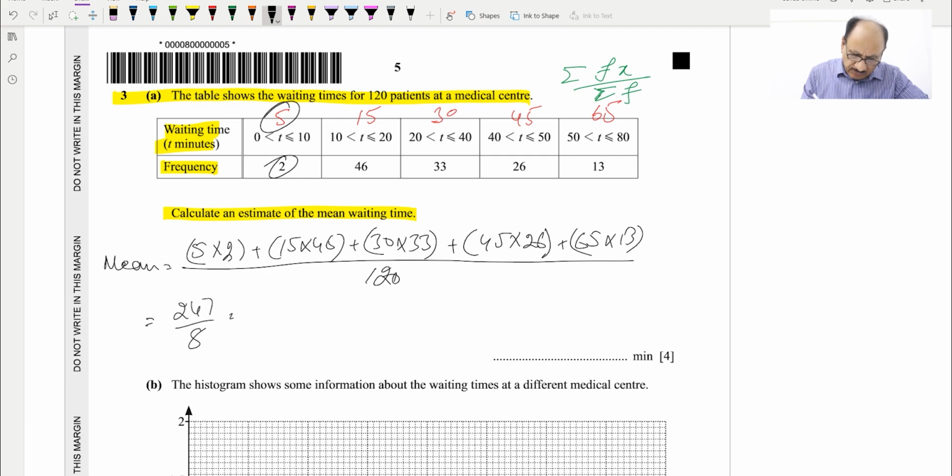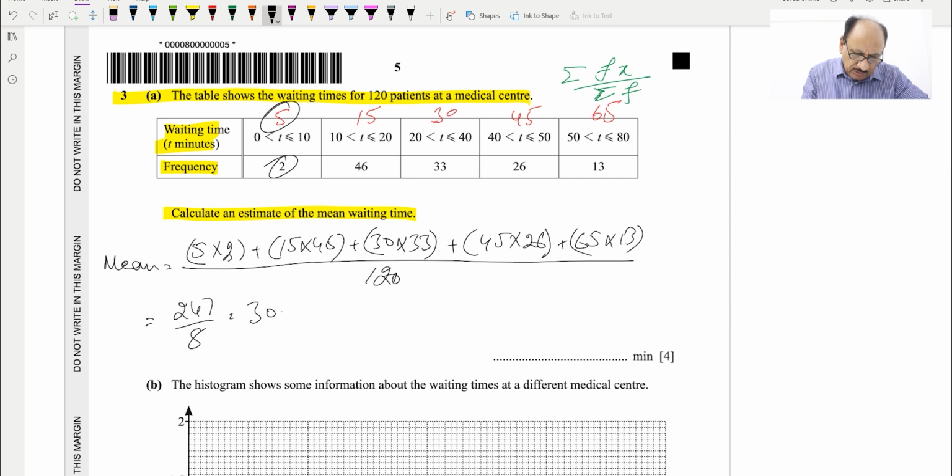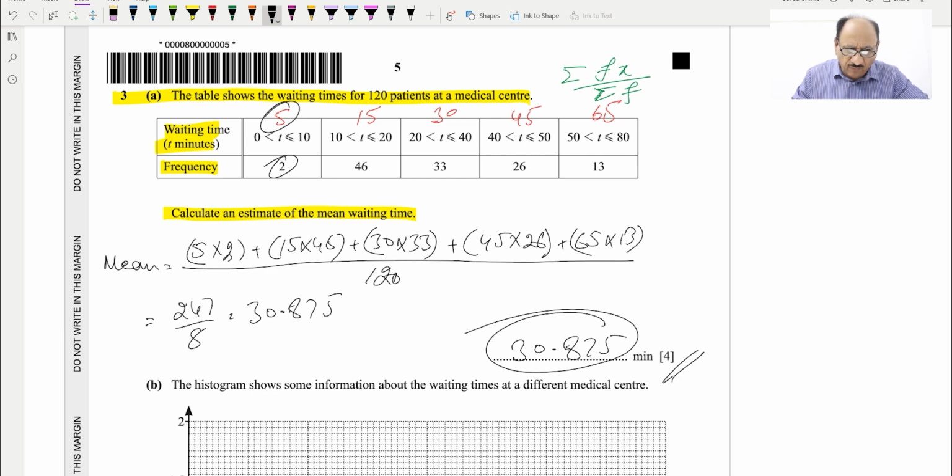If I check the decimal value, it is 30.875. So we can write 30.875, and this will be our answer for 4 marks.